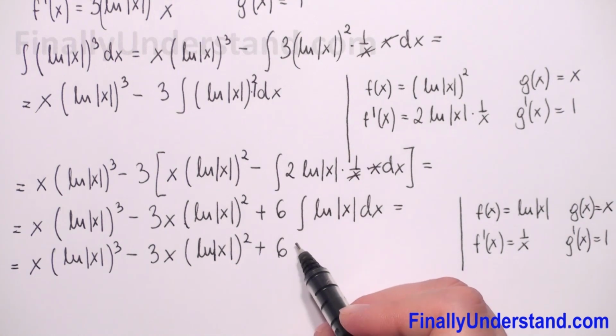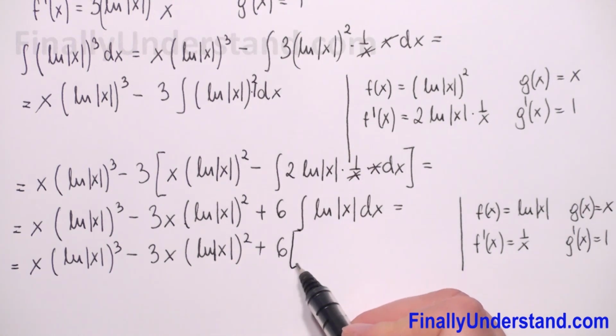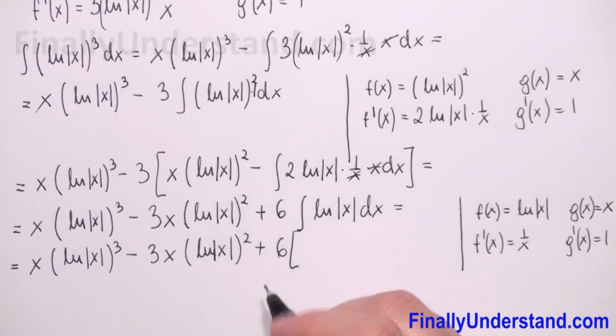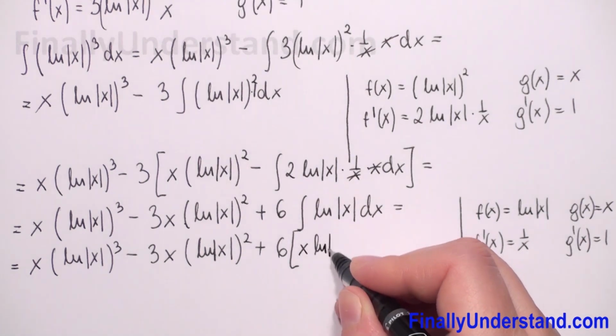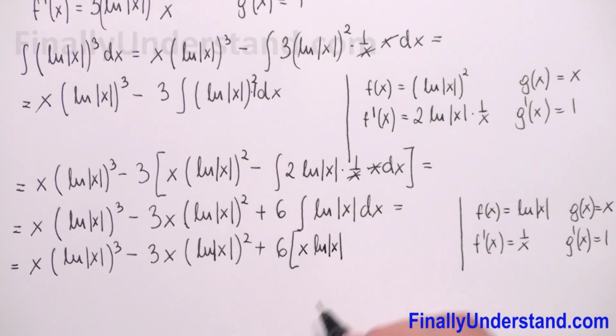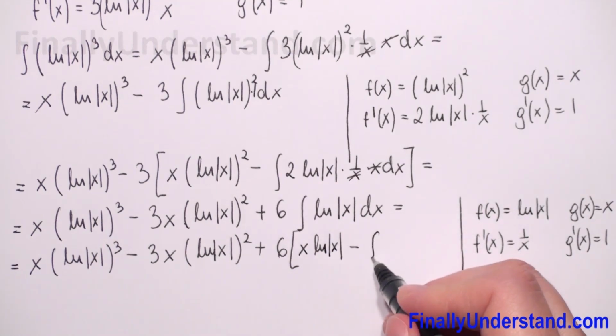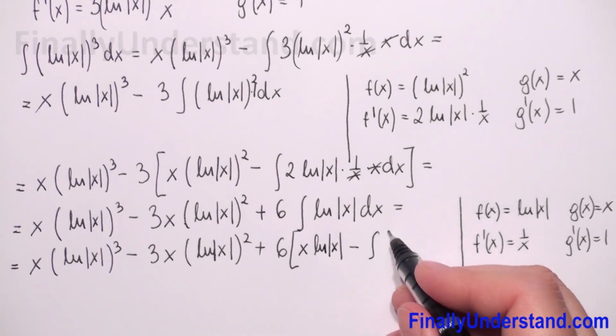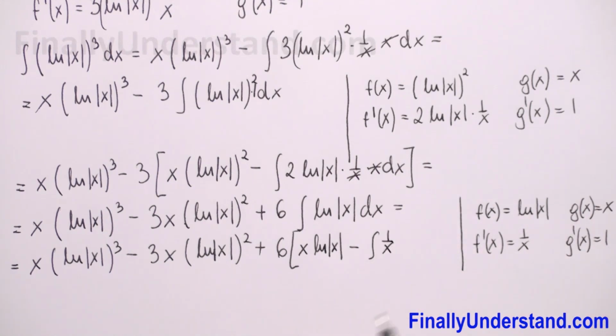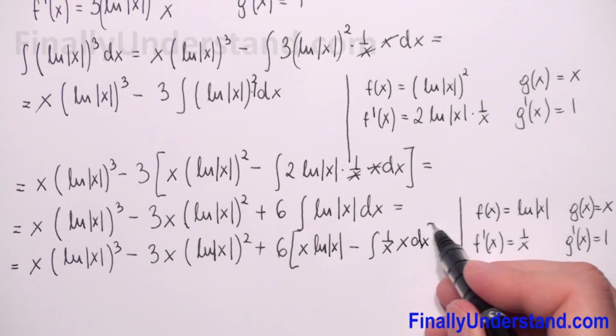So we will have 6 times, we will have to open brackets, and first we have to put f times g. So we have x times the natural logarithm of the absolute value of x, and we have minus the integral of f prime, which is 1 over x, times g, x, with respect to x.